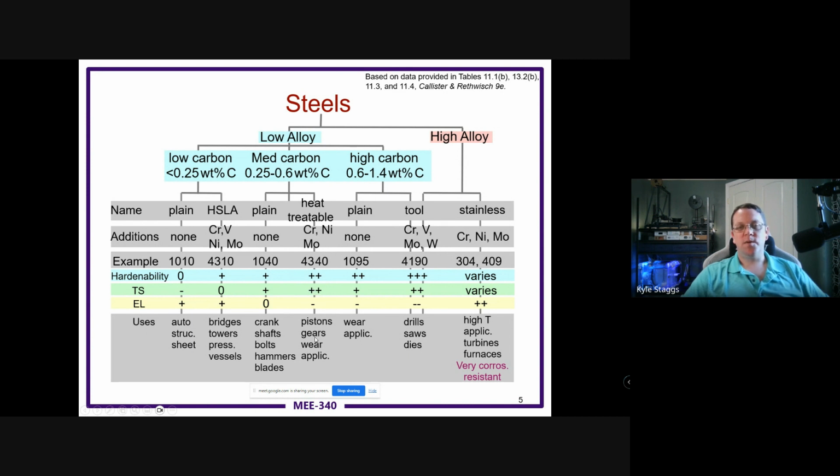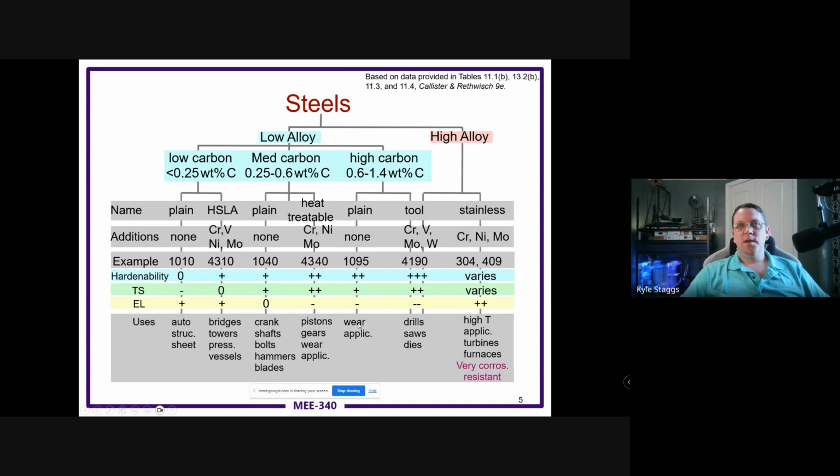So they're really good in areas where you're going to have a lot of sharp loading of things, so gears and high wear applications, where very hard surfaces are needed, and that's where this material comes in. There's a lot of things that help there.